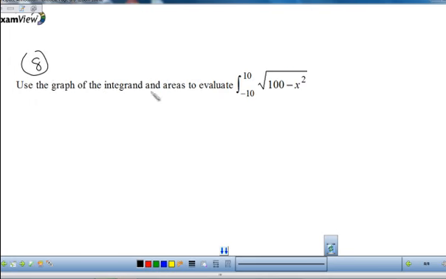Use the graph of the integrand and the area to evaluate the integral from negative 10 to 10 of the square root of 100 minus x squared. Okay, so this is half a circle with radius 10.